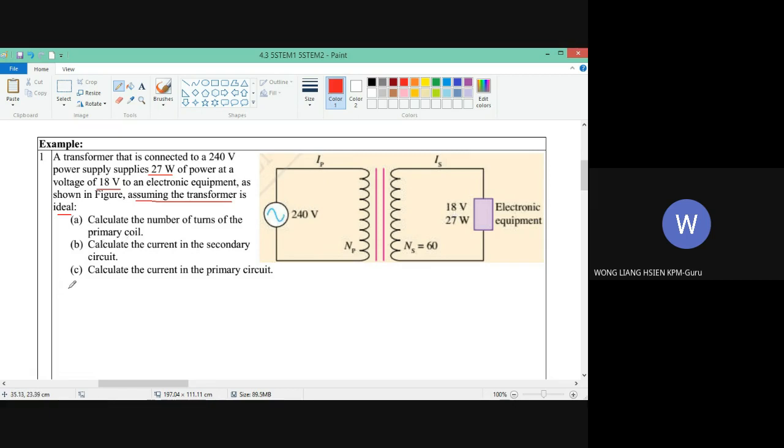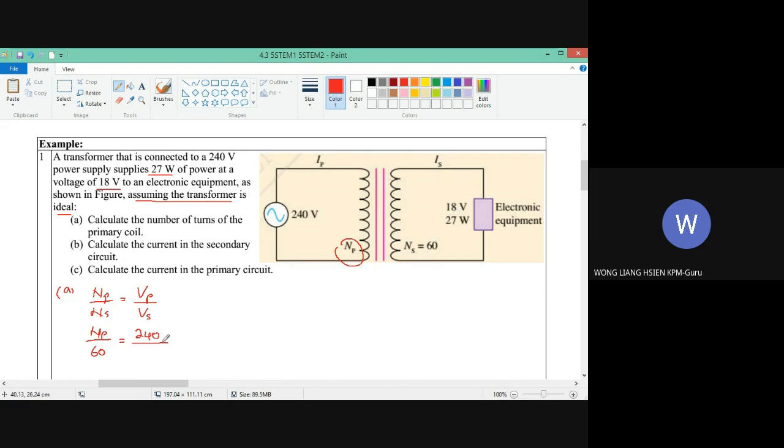A, calculate the number of turns of the primary coil. So this is what we want to look for. The number of turns in primary over number of turns in secondary equals voltage in primary over voltage in secondary. The number of turns in secondary is 60, the voltage of primary is 240 volt, and the voltage in secondary, the output, is 18 volt.